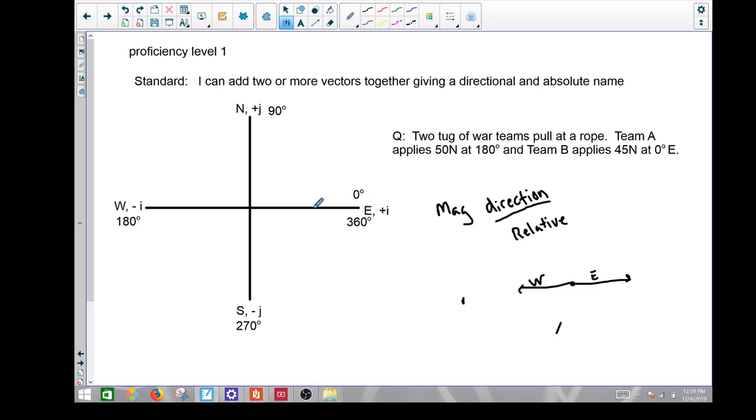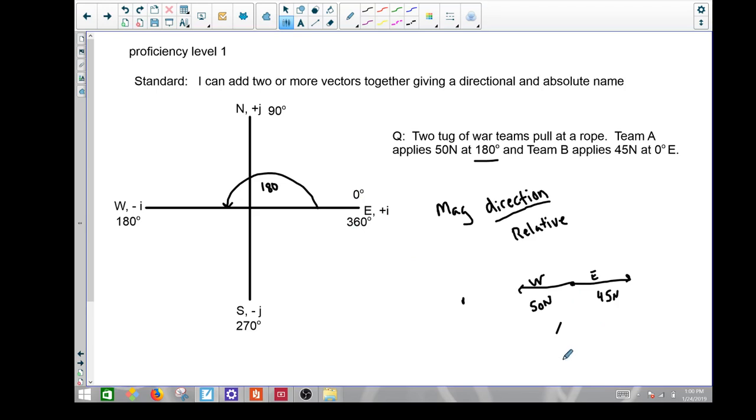So this is the 180 degrees, an example of a 180 degree absolute angle, pulling with 50 newtons. And this one is 45 newtons. A newton is a force, which is a form of a vector, because it has a magnitude and direction. And this one's going east.